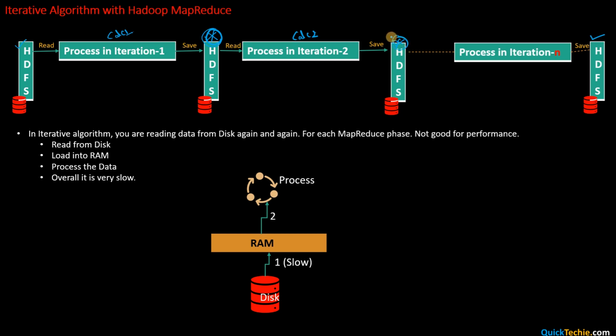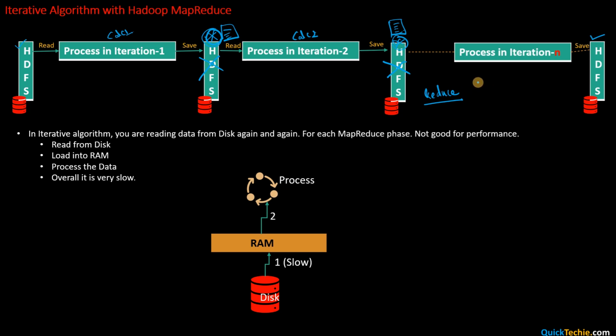That is where Spark comes into the picture. It says I don't need this in between at all. I'll keep every data in memory. This is hugely helpful to increase your performance and reduce the latency, correct?